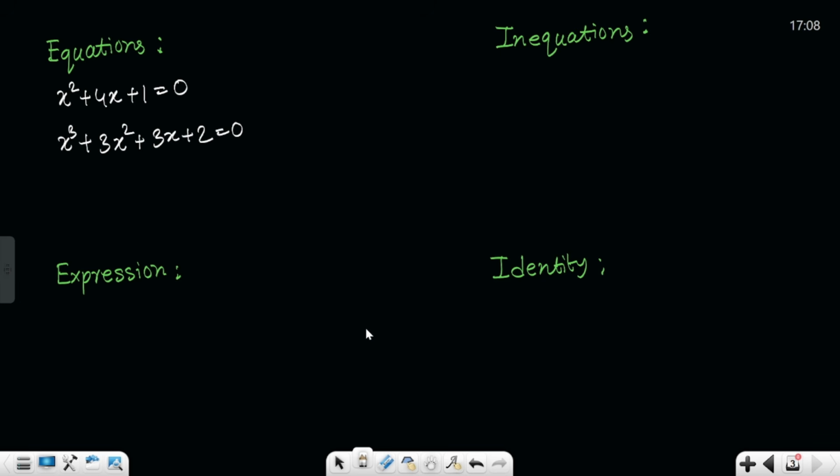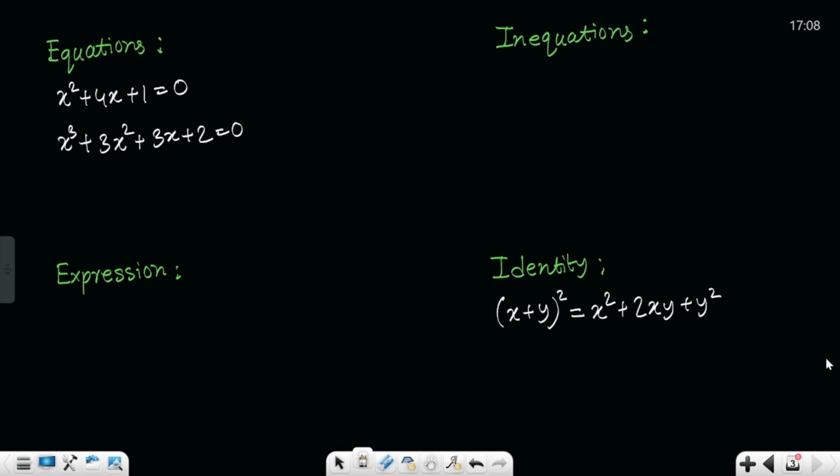What are identities? Let us write an identity, then you will know easily. Let us write (x plus y) whole square equal to x square plus 2xy plus y square. Now, this is an identity because this is valid for any values of x and y. If you put x equal to 1, y equal to 100, this will also be valid.